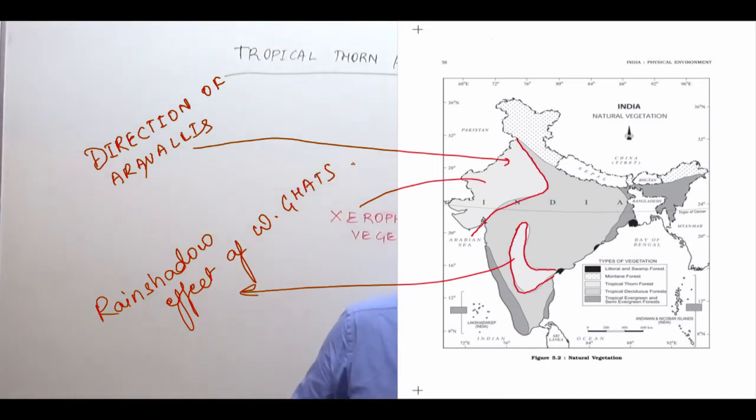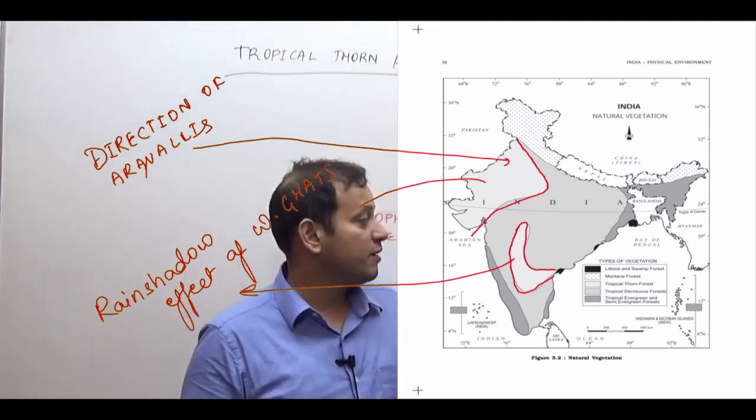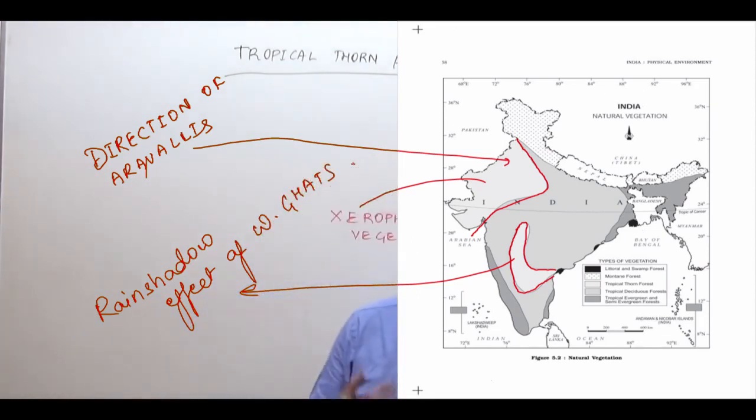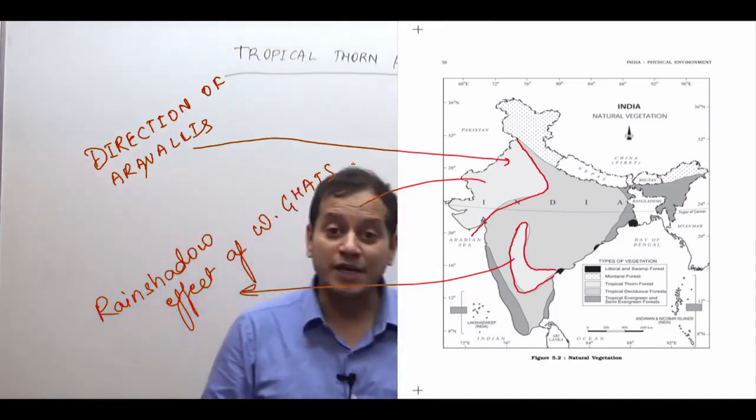Because of the rain shadow effect of the Western Ghats. And therefore the trees have modified themselves. They may have no leaves, they may have tiny leaves, they may have succulent or juicy stems, and these are the features of the xerophytic vegetation.